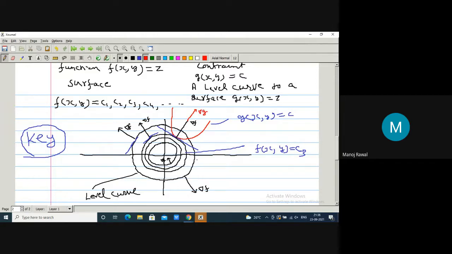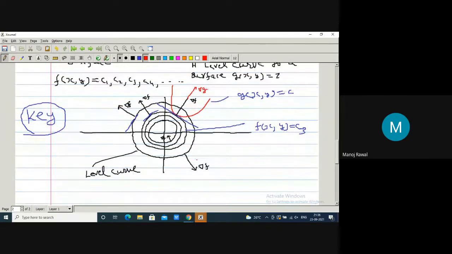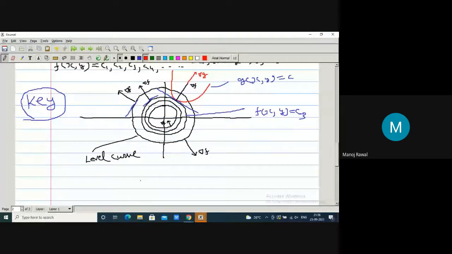And hence the conclusion is that they are scalar multiples of each other. I will generate some equations from here. So maybe del g is equal to lambda del f.